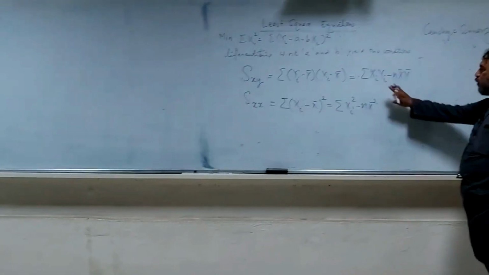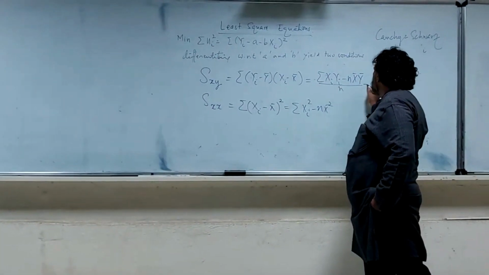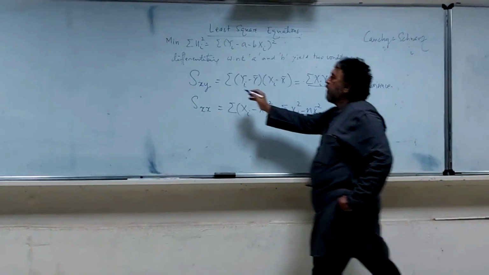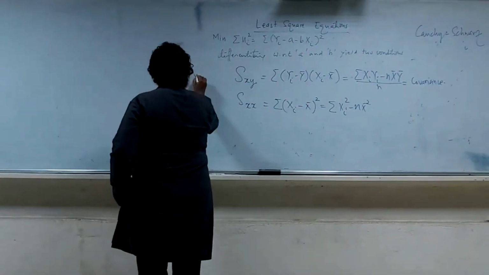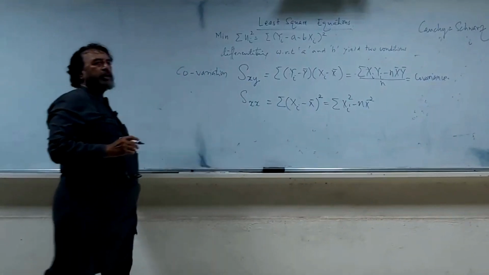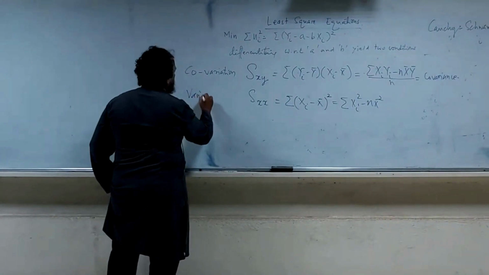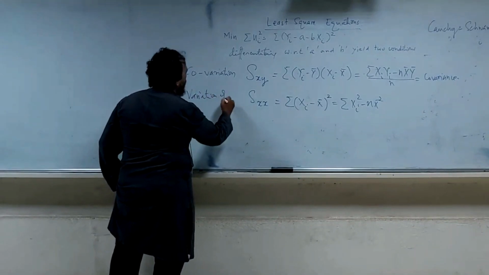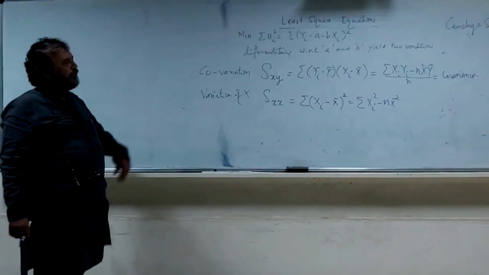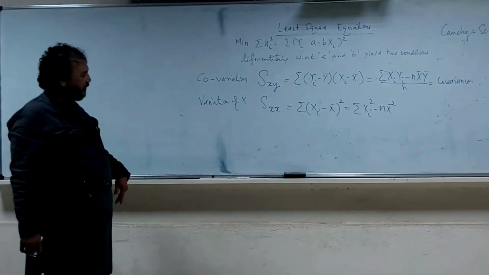Usually in statistics you are told to divide these quantities by n. If you divide this by n, we call it covariance, whereas this will be called covariation because it is not corrected for degrees of freedom, that means it is not divided by n. Similarly, this will be called variation of x. It doesn't really matter because, as you know, in many cases we divide both numerator as well as denominator by the number of observations, that is n.